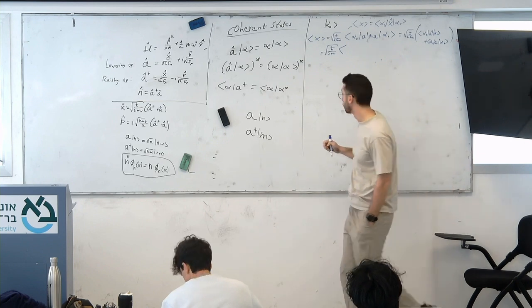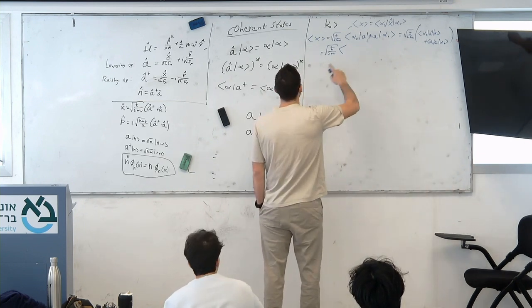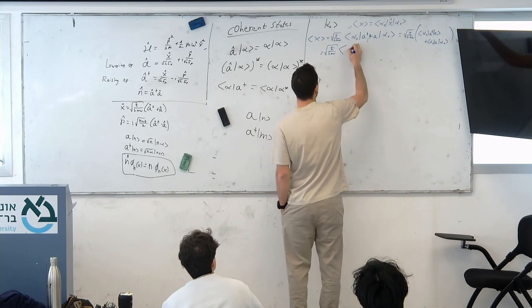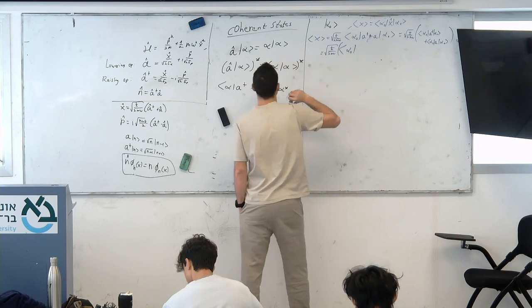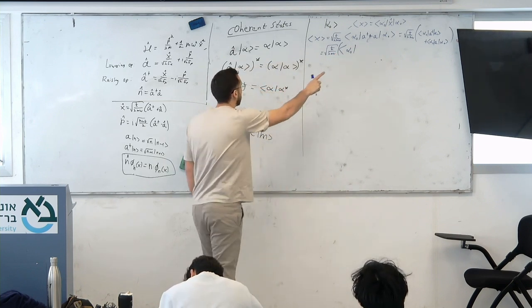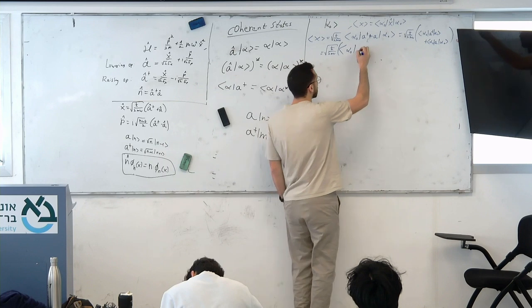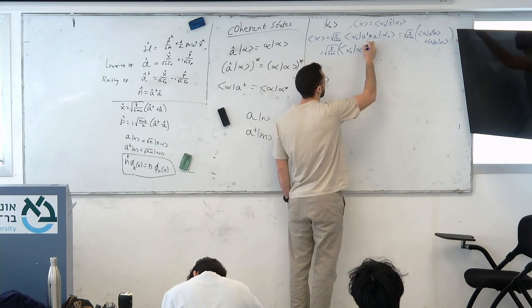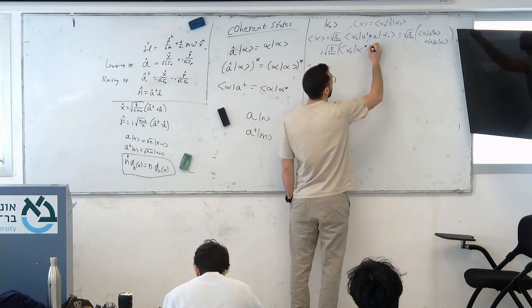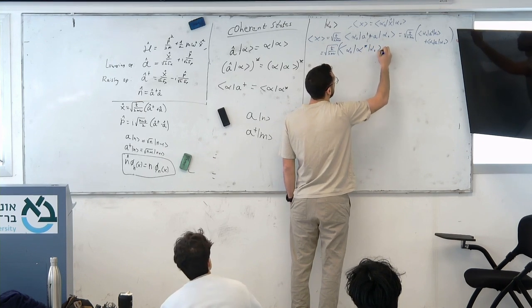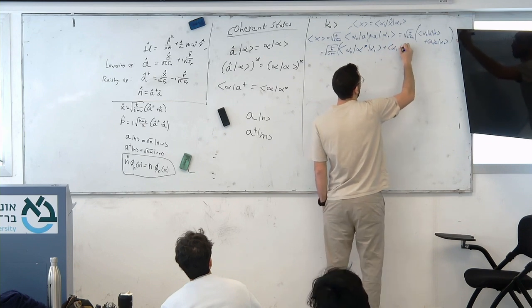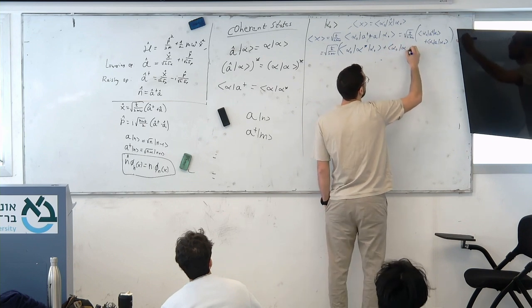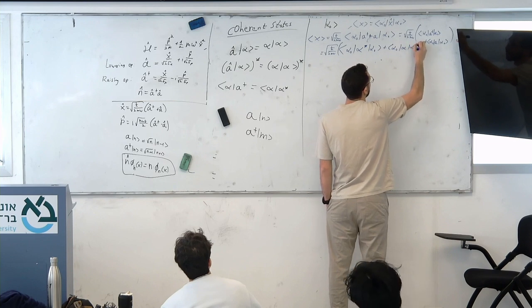I'll just write it in two terms. For the first term, with the a dagger, I get alpha conjugate times <alpha naught|alpha naught>. For the second term, alpha comes from the lowering operator, giving alpha times <alpha naught|alpha naught>.